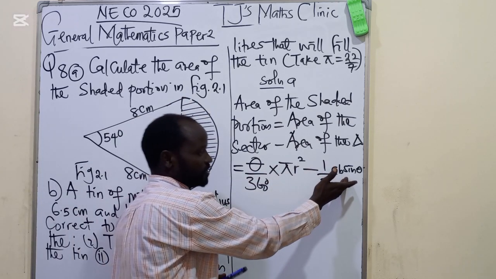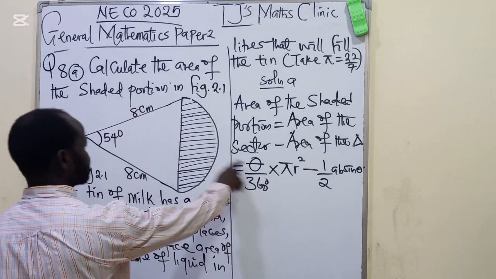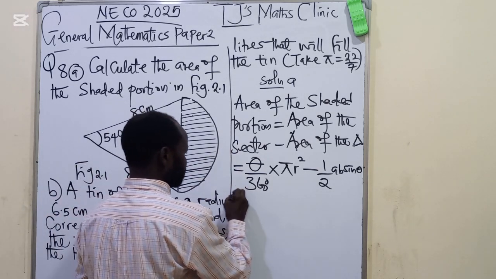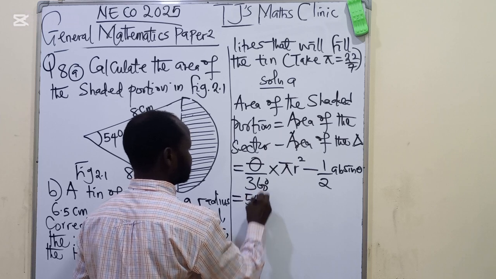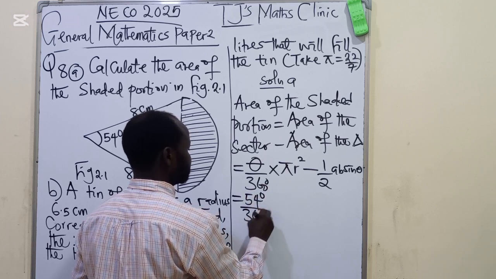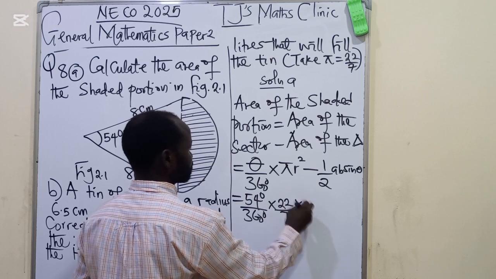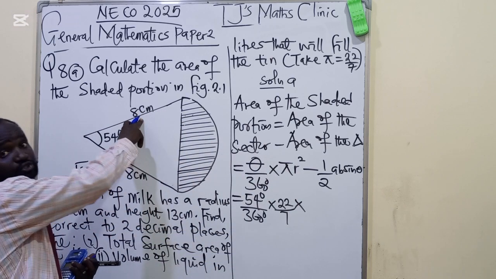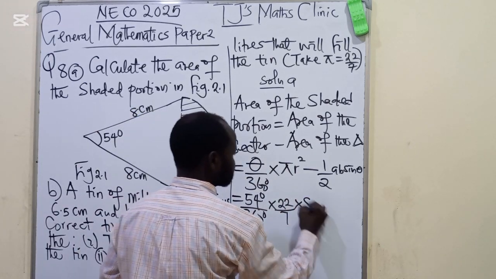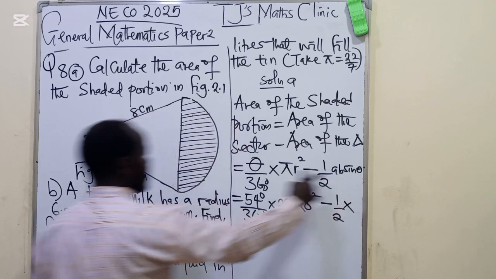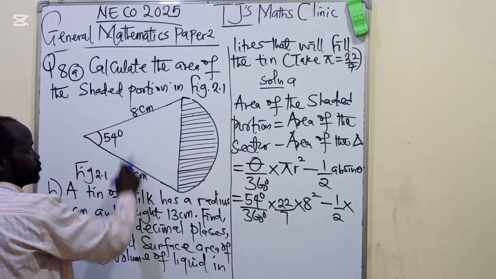Half AB sine theta. Our theta here is 54 degrees. So let's substitute. This will be 54 degrees out of 360 degrees times our pi, which is 22 by 7, multiplied by r squared. The radius from the question is 8 cm. That will be 8 squared, minus half multiplied by our AB, which is nothing but the two radii.